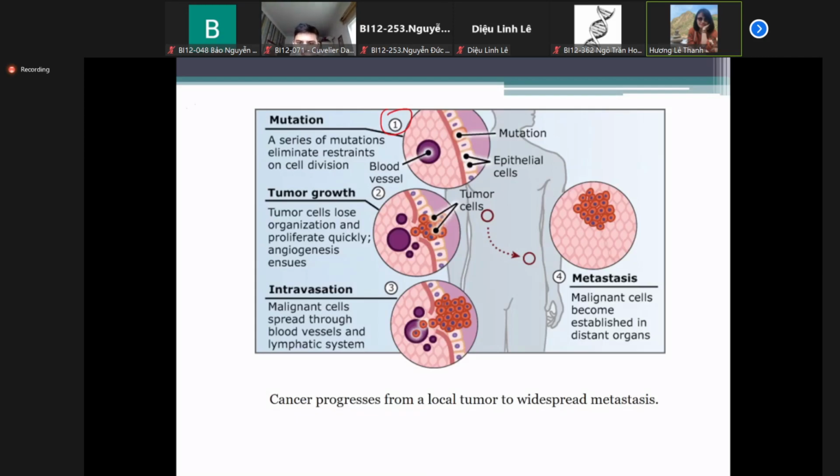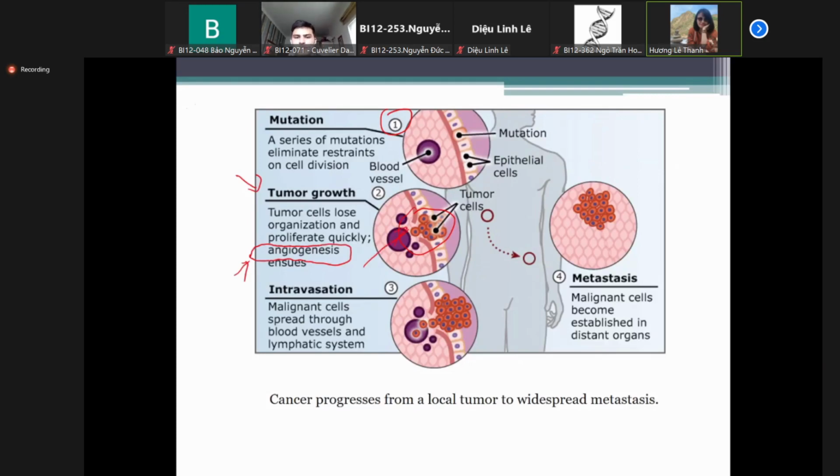We accumulate mutations, and at the end, we have cancer. After we have the cancer cell, we have tumor growth. They are a group of tumor cells, organized, proliferating very quickly, and they induce angiogenesis to make blood vessels inside the tumor.